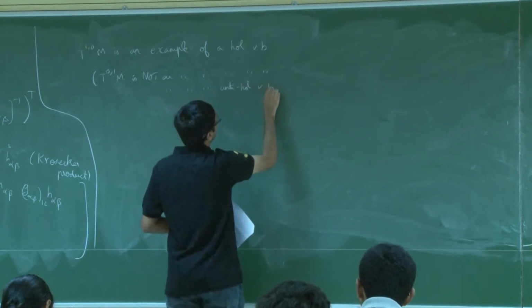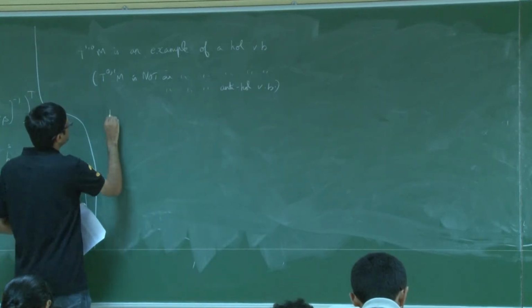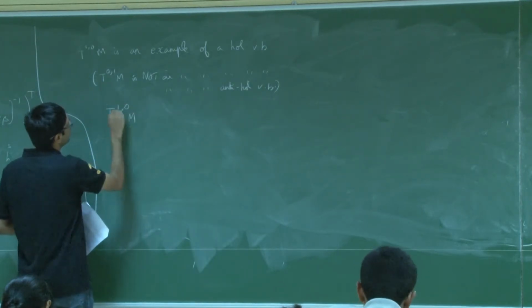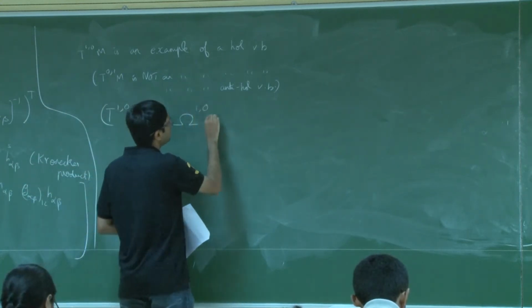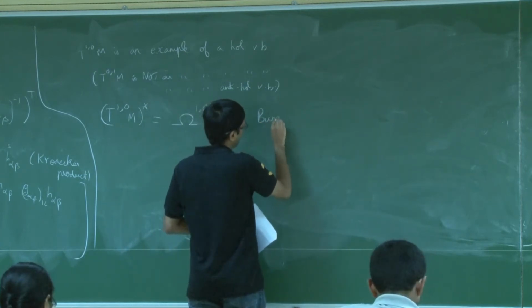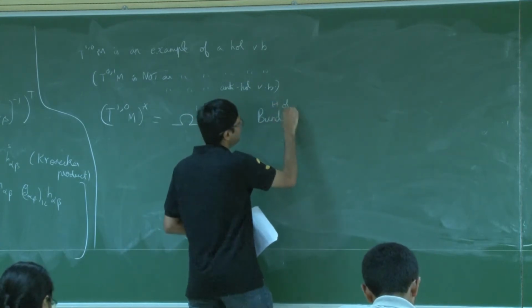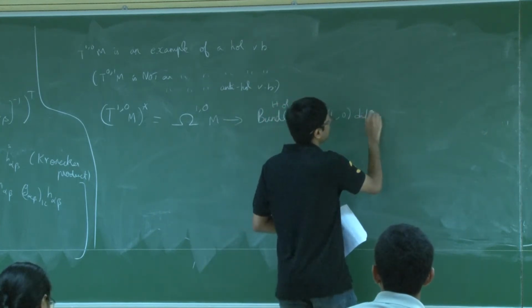I leave that to you to figure out. It doesn't matter, whatever it is. The point here is the dual of T10 is sometimes written as omega 10. This is the holomorphic bundle of 1-0 differential forms.